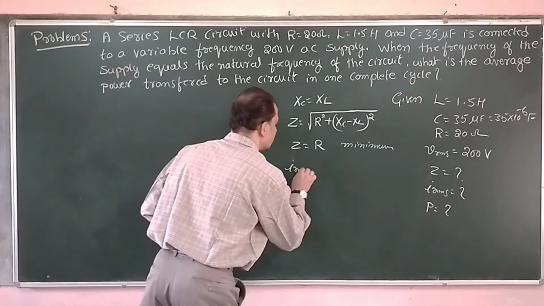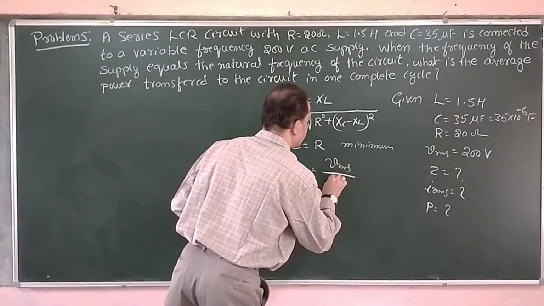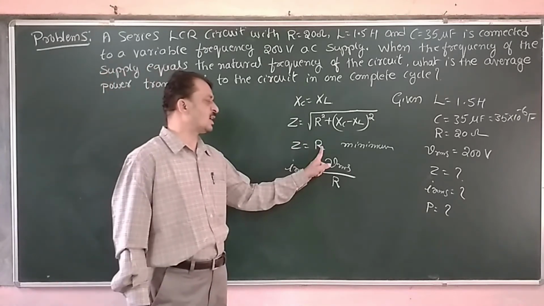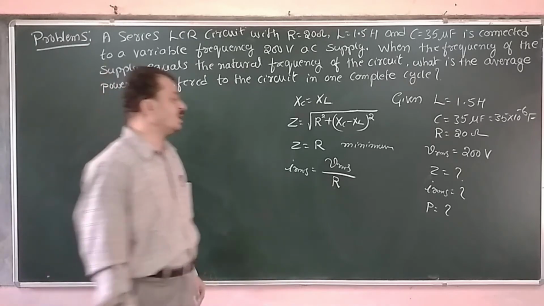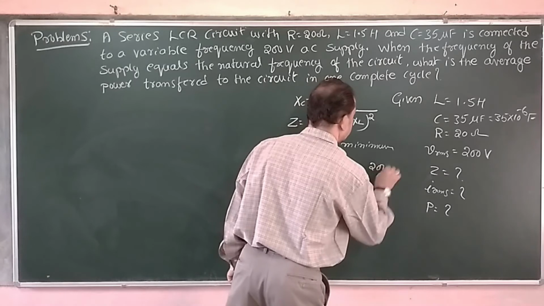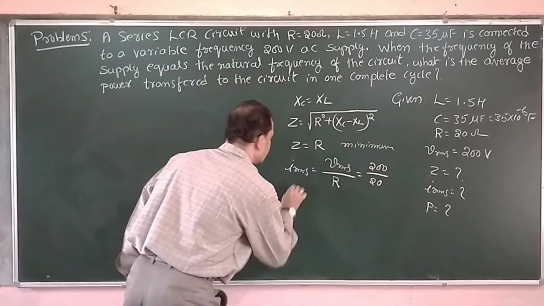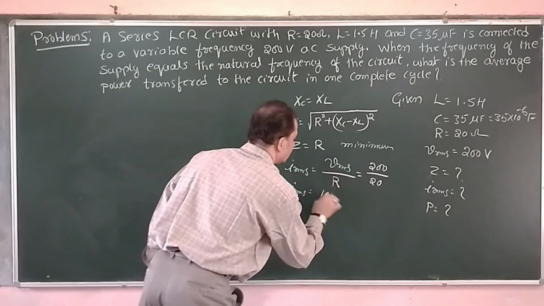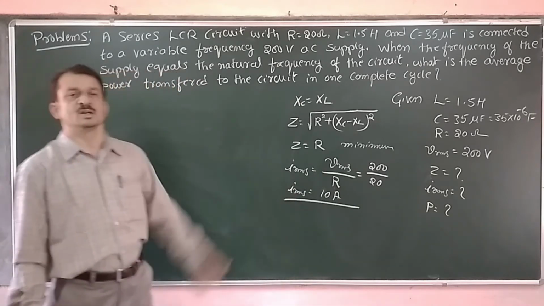Therefore, the RMS value of the current is VRMS divided by R here, not Z, because Z is equal to R, so the impedance is only resistive. So this is 200 and resistance value is 20. Therefore, IRMS value of the current is 10 amps. This much amount of current is flowing through that circuit.